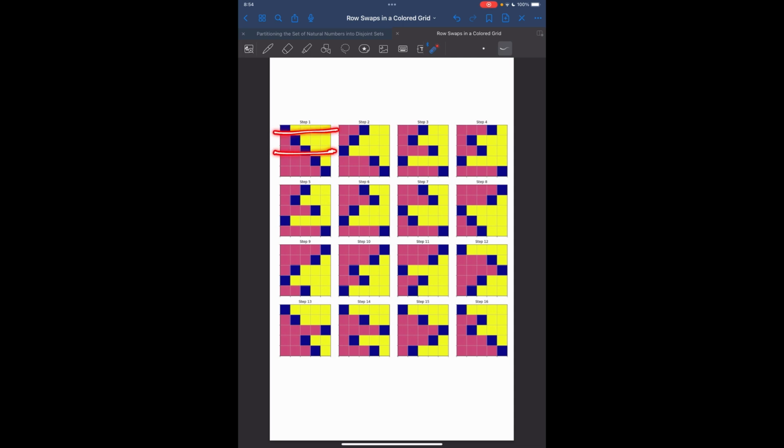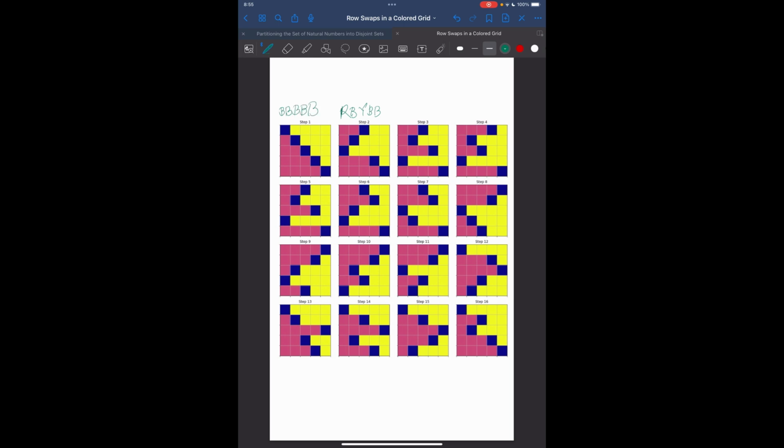Notice that if I do this swap, I would get this configuration, and so I have this diagonal here. I have red, blue, yellow, blue, and blue. Initially I had all blue, 5 blue.